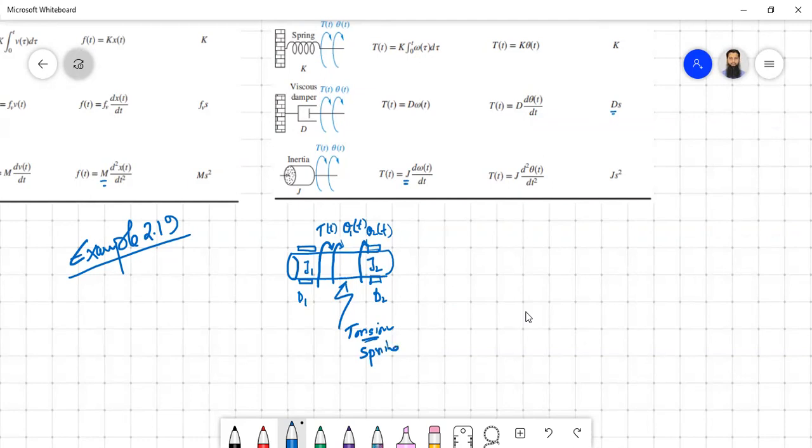So if you try to find the corresponding schematic diagram in the mechanical domain, we'll have something like this. We take one reference, then because of D1, the friction, you have one inertia here. Then, because of the torsion, you have a spring effect, so the spring is there, then you have another inertia.